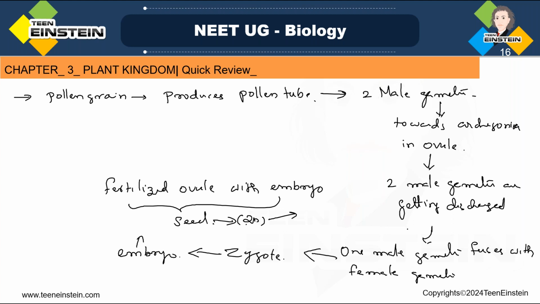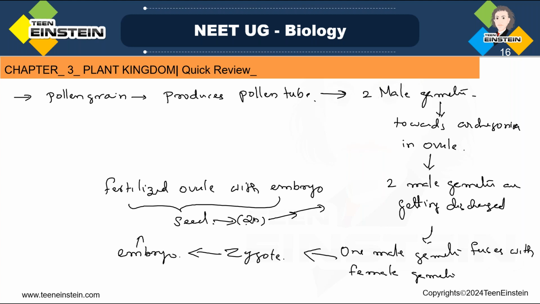So that's how new plants, the next generation, are getting formed. Fertilized ovule with embryo forms the seed, and the seed can germinate and give rise to a new plant. Clear? So this is the whole life cycle of gymnosperm.